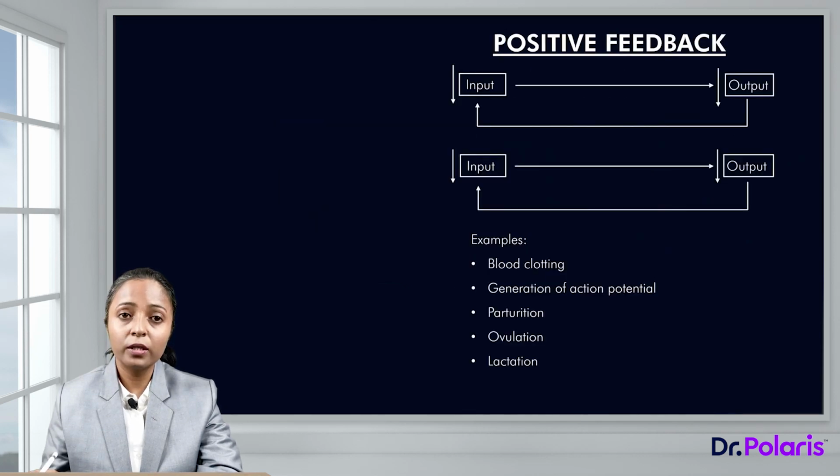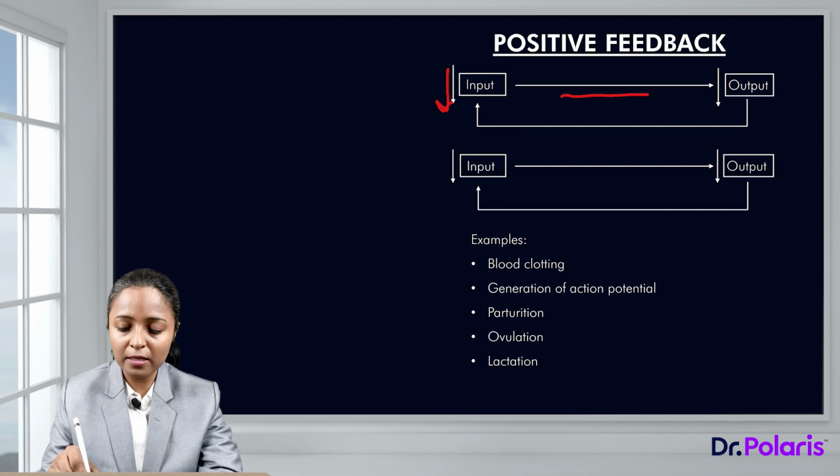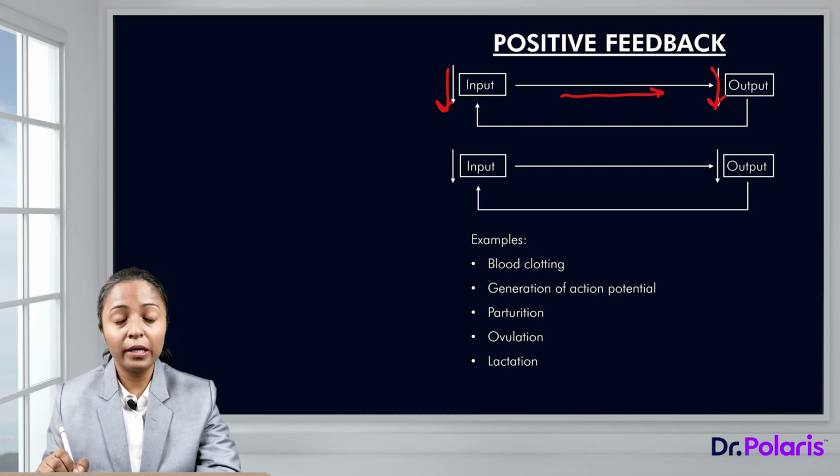Now let's come to the next type of feedback, that is the positive feedback. Positive feedback acts a little differently from negative feedback. What it does is it changes the value of the output in the same direction as that of the input. That means if input is decreasing, the feedback system acts to further decrease the output, right?